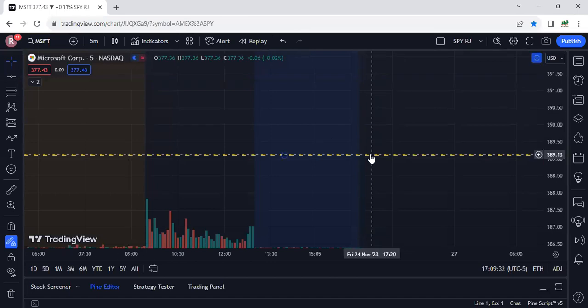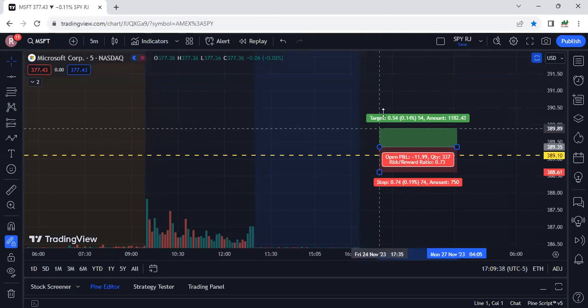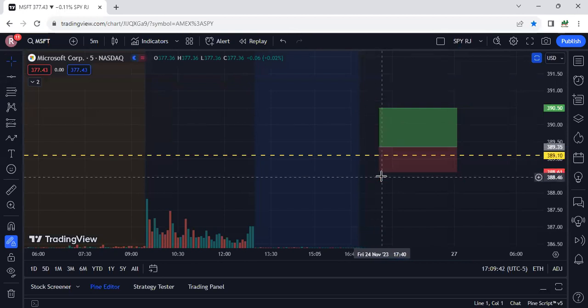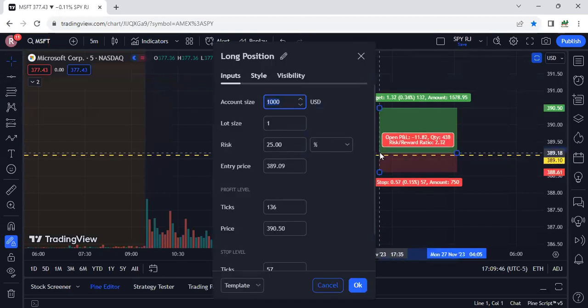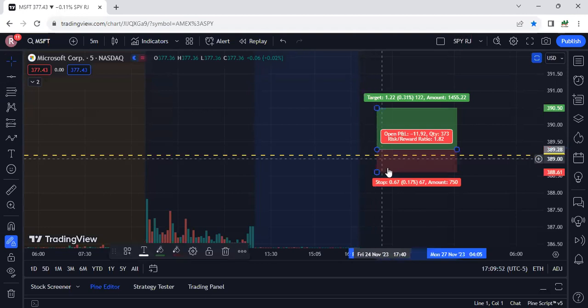What is the stop loss? We got our bullish candle. Let's say we had a target at 390.50. Let's say our candle came back and retested and it closed at 389.28. I can't read today, can I?